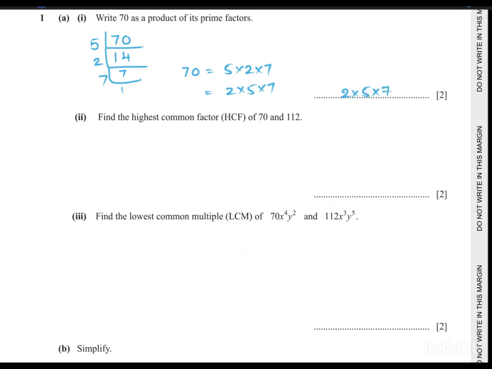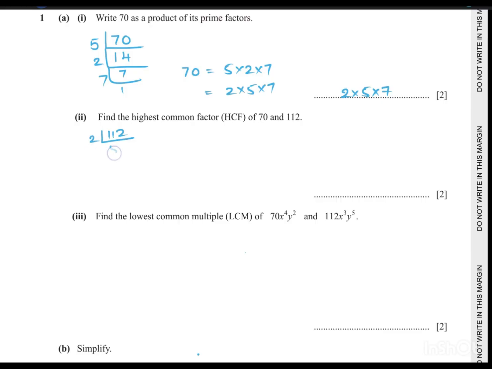Question number 2 in A. Find the highest common factor of 70 and 112. To find the highest common factor, again we need to do the prime factorization of 112, because 70 we already did in question 1.